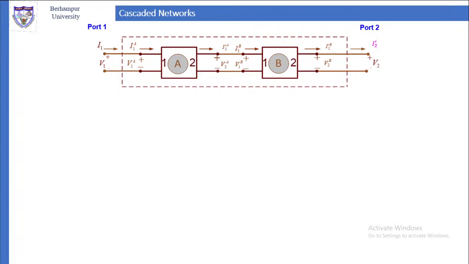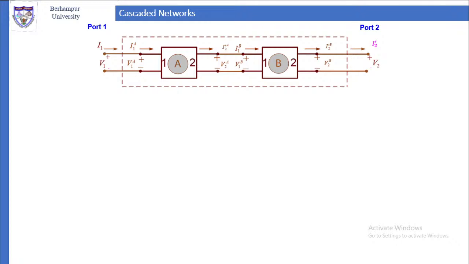And now, suppose we have more than one network, or we have a network which contains many elements, and we can divide the network as a series connection of many other networks. When they are connected like that, those connections are called cascaded network or cascading.